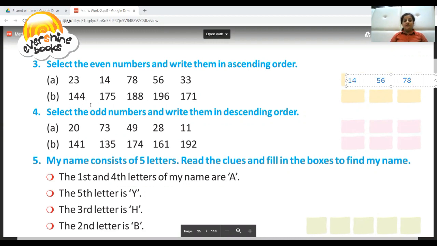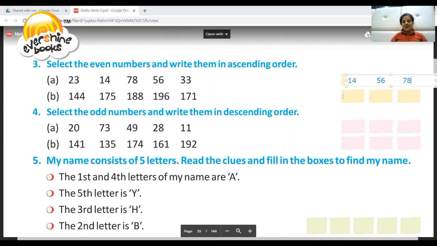Next is 144, 175, 188, 196, 171. 144 is even number, yes. 188 is also even number and 196 is also even number.